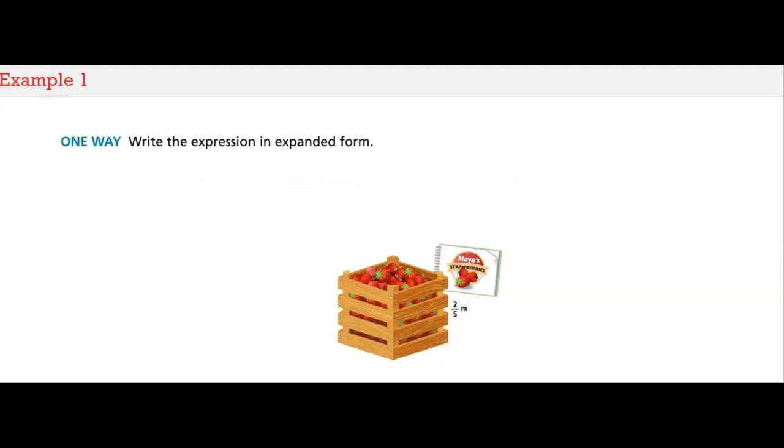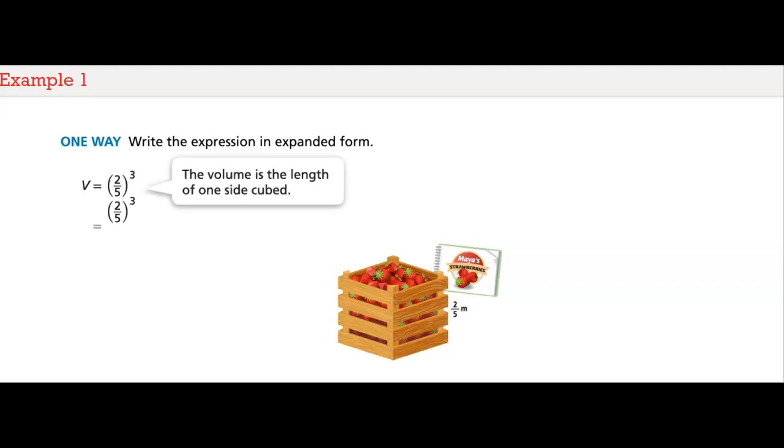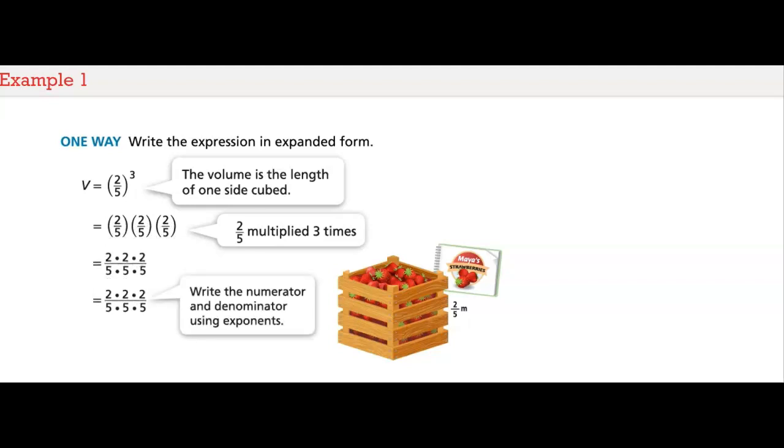One way to find the volume of the crate is to write the expression in expanded form. The volume is the length of one side cubed. The exponent indicates that 2/5 is multiplied 3 times. Multiply the numerators and denominators. Write the numerator and denominator using exponents.